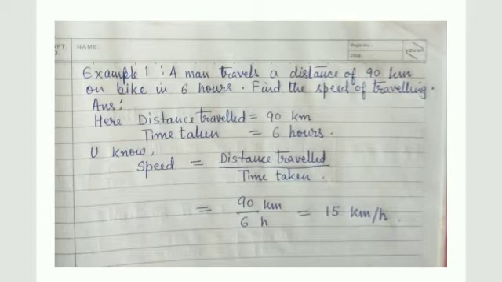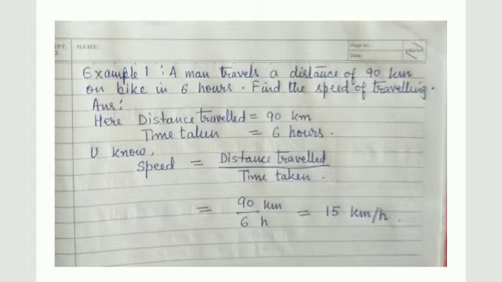And you all know the formula of speed. Speed is equal to distance traveled by time taken. And here distance traveled is 90 kilometer. And what time is taken? 6 hours. So speed, distance by time is equal to 90 by 6.